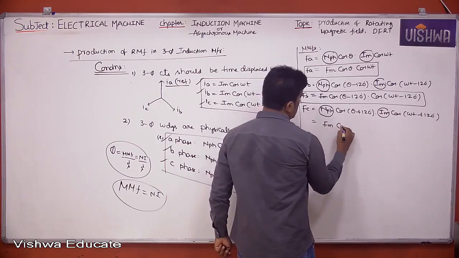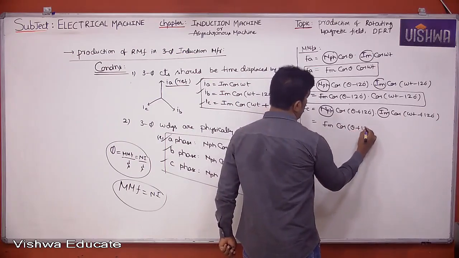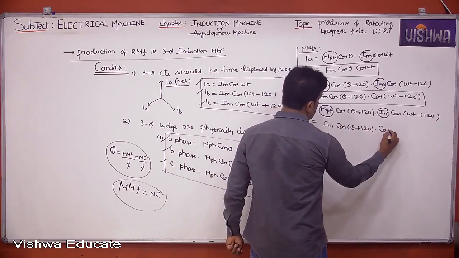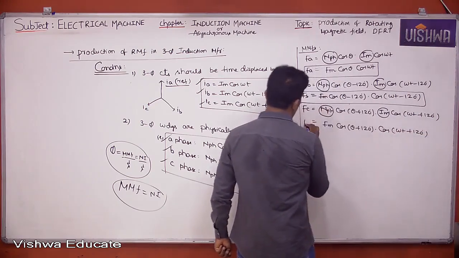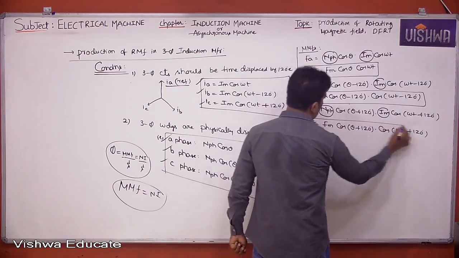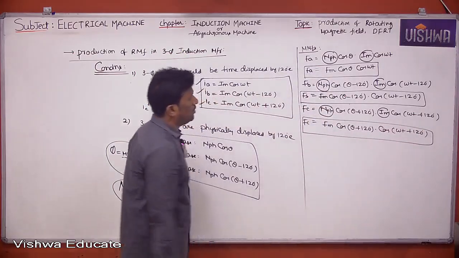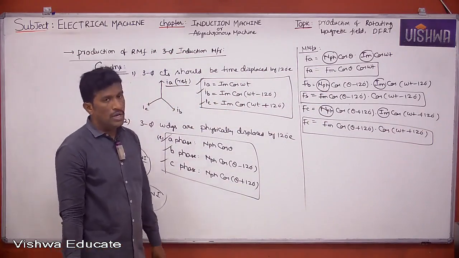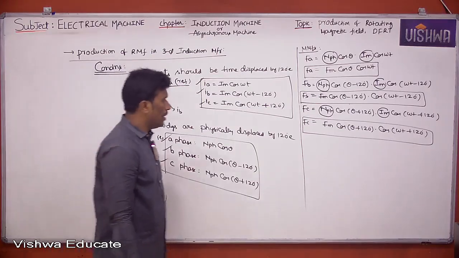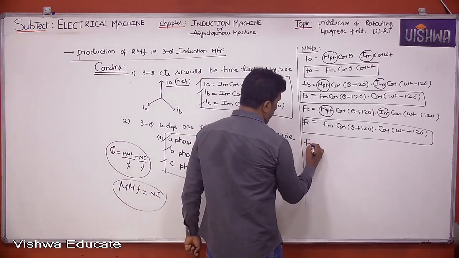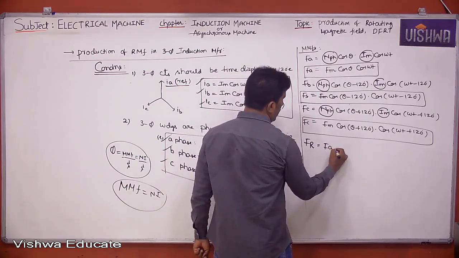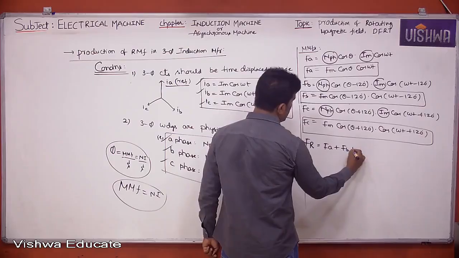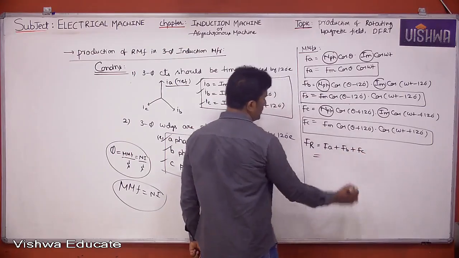Fm cos of theta plus 120 into cos of omega t plus 120. This is FC equals Fm cos of theta plus 120 into cos of omega t plus 120. And Fr, the resultant MMF, equals FA plus FB plus FC.